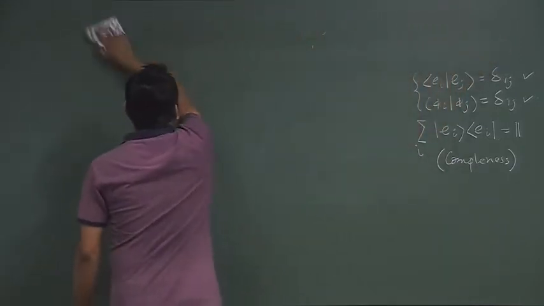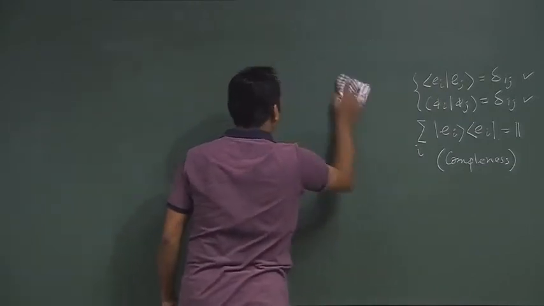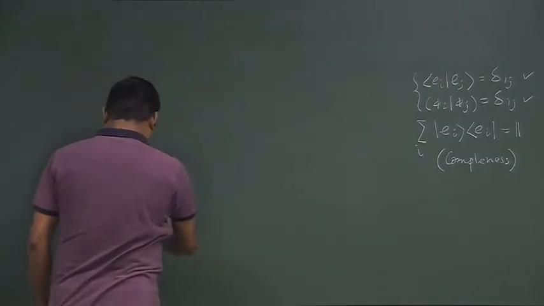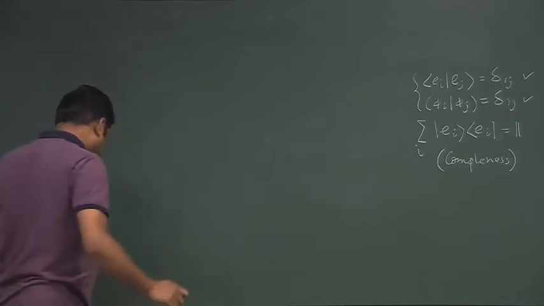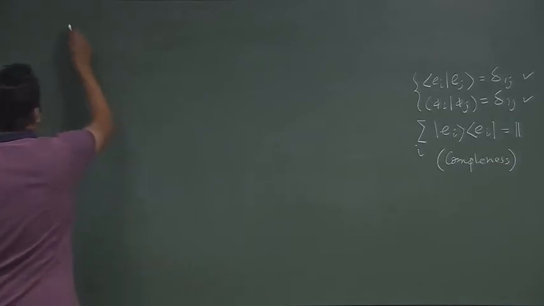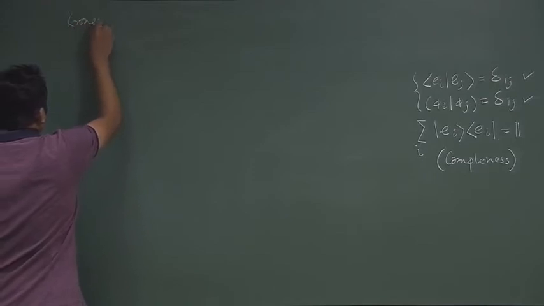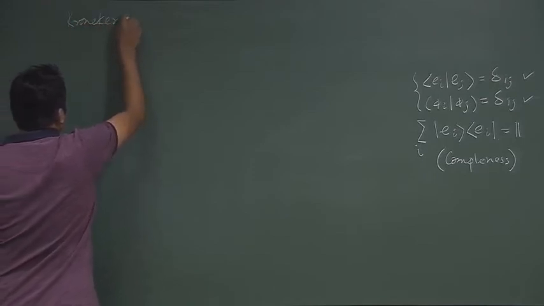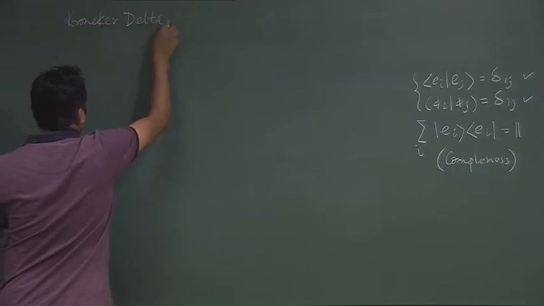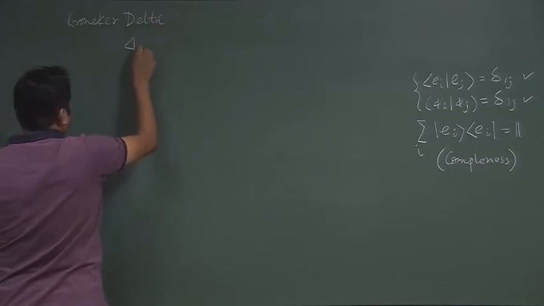In order to do that, we first need to know what the delta function is. So let me first write something called the Kronecker delta, defined as delta ij.